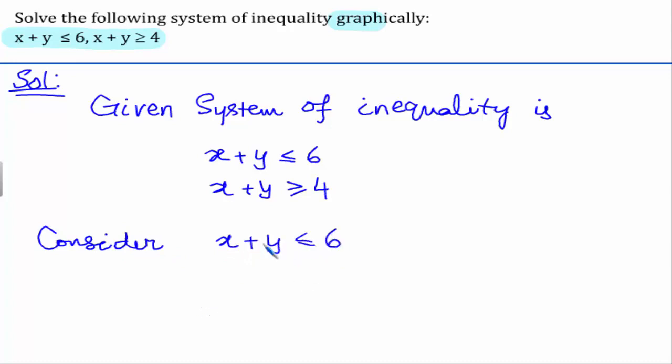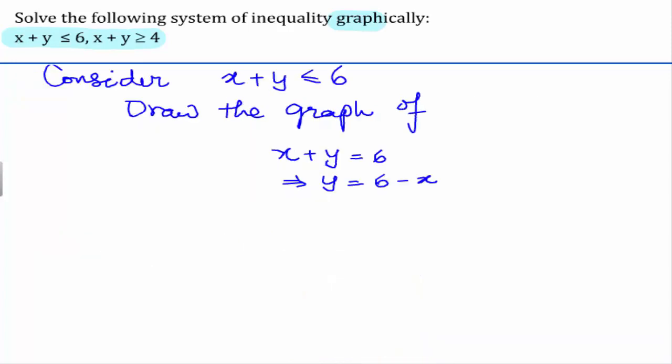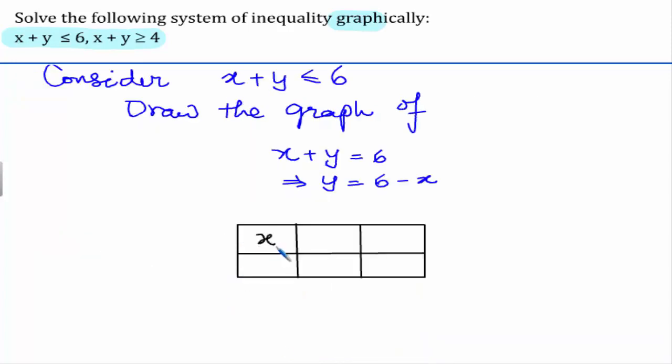To draw the solution of this inequality, we have to draw the graph of x plus y is equal to 6. So that can be written as y is equal to 6 minus x. Now let us select the values for x and we get the values for y.